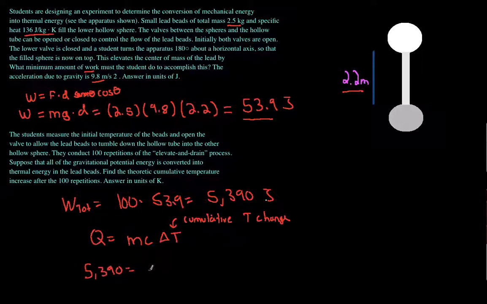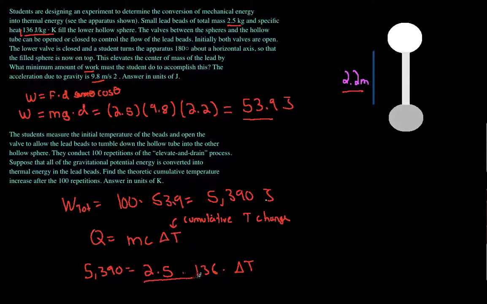M is the mass of these balls, which was 2.5. C is the specific heat, given up here as 136 joules per kilogram Kelvin. And again, times delta T.